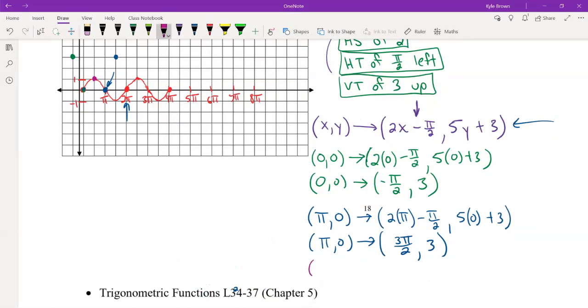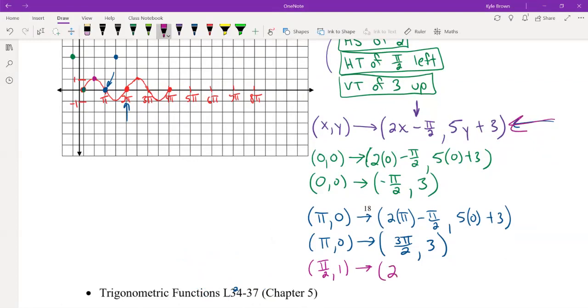So we'll say, okay, where does the point, all right, so now this point, the purple one there, that's the point pi over 2, comma, because it's in between these, right? So pi over 2, comma, 1, y value of 1. Where does that one go? All right, so again, I'm just looking back to my key here.